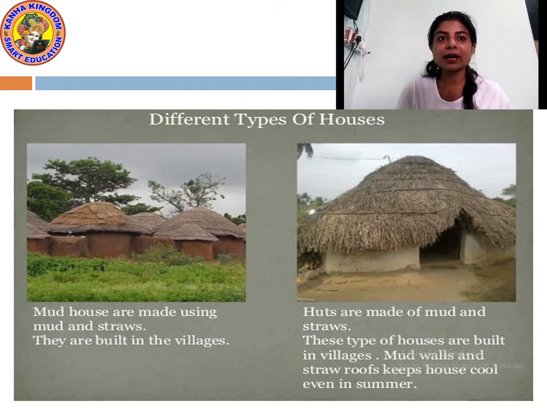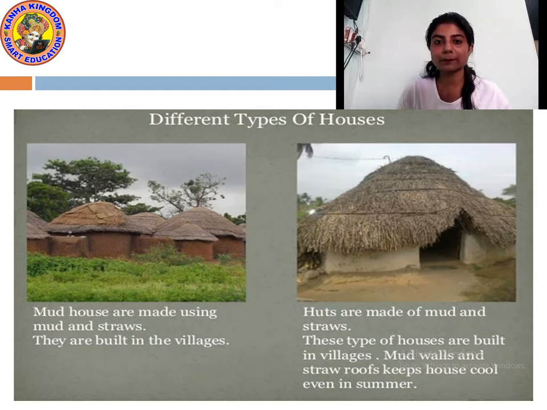These mud houses are made using mud and straw, and they are built in villages. And these huts are also made of mud and straw. These mud walls and this straw roof keep the house very cool even in summer. Even in hot climate, these mud houses with mud walls and a straw roof keep the house very cool.